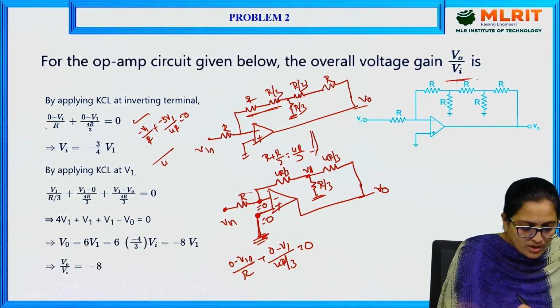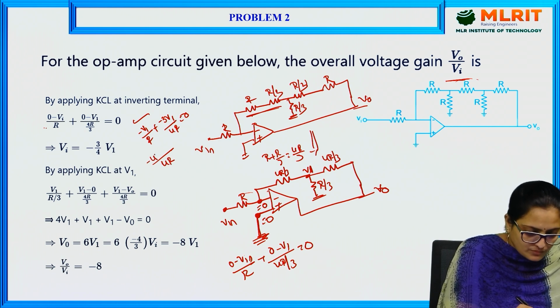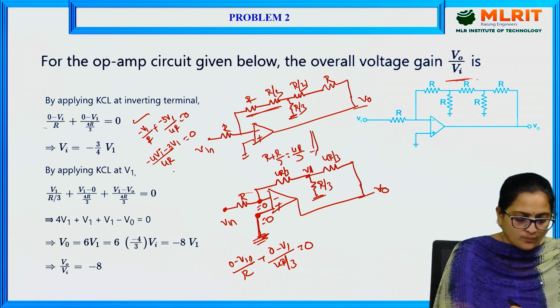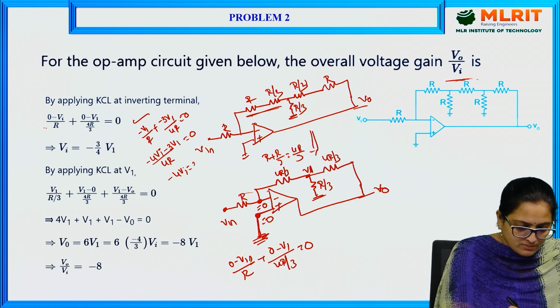So 4R will be the LCM: minus 4 Vi plus minus 3 V1 will be equal to 0. So minus 4 Vi will be equal to 3 V1, so Vi is equal to minus 3 by 4 V1.